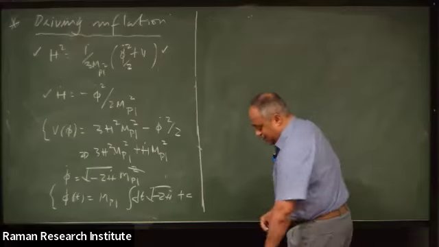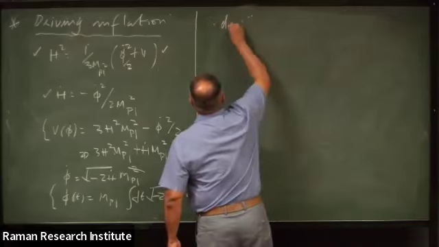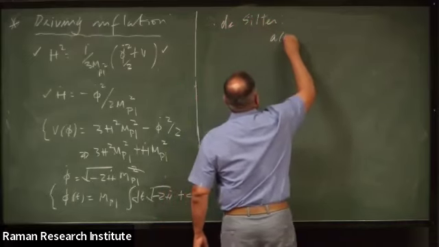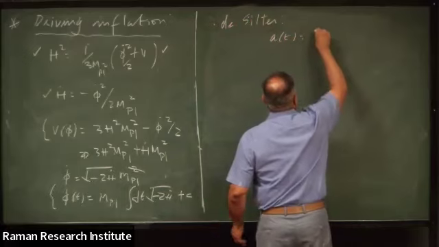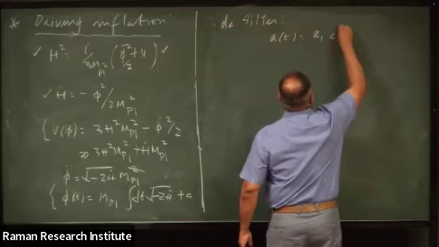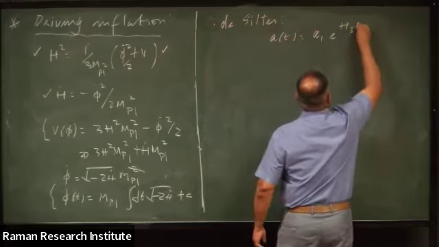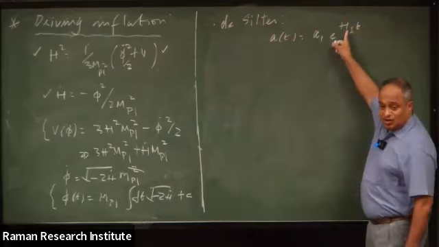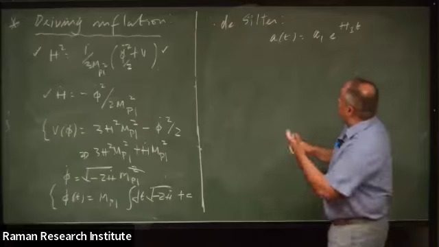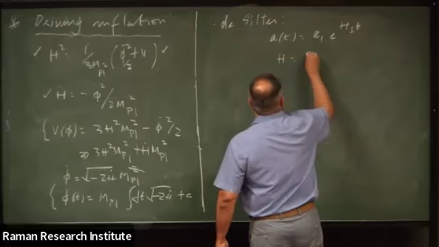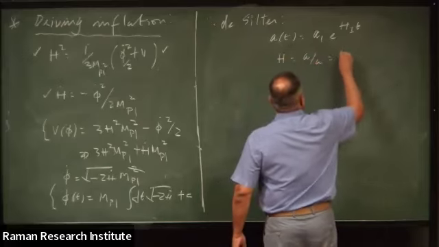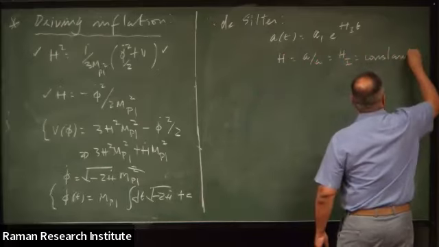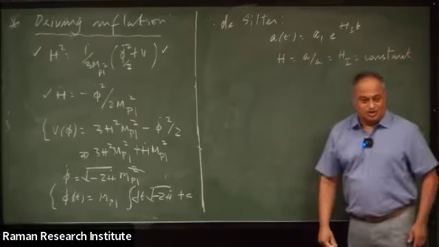So if you have de Sitter inflation, remember what was this? a of t is some constant, let me call this a1, as I've done before, e to the H_I t. H_I is a constant. So you can convince yourself H is a dot by a is H_I. It's a constant in de Sitter inflation. This is driven by a cosmological constant.